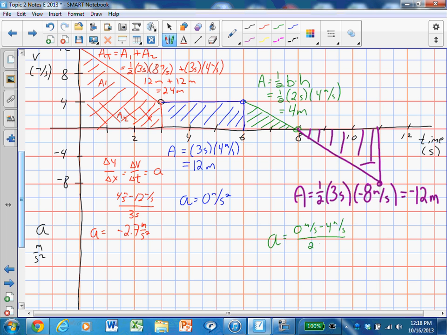And then in the purple one, we have minus 8 meters per second minus 0 meters per second over 3 seconds. And that's 2.7 again. Yeah, because I screwed up. I thought it was the same slope, but to be the same slope, it would have to be over 2, down 1, over 2, down 1. Okay?